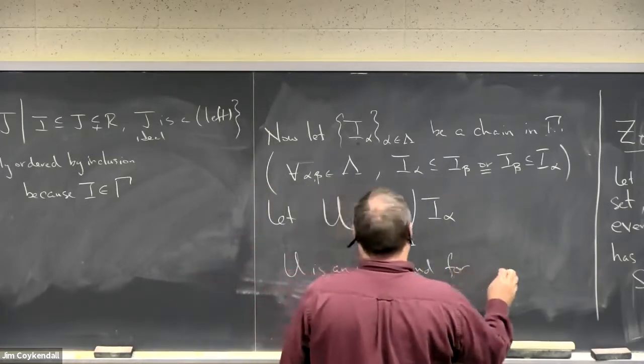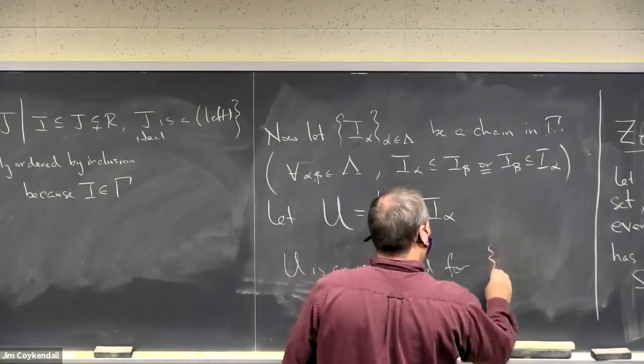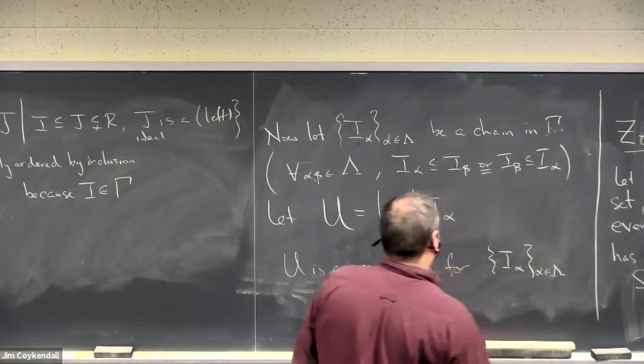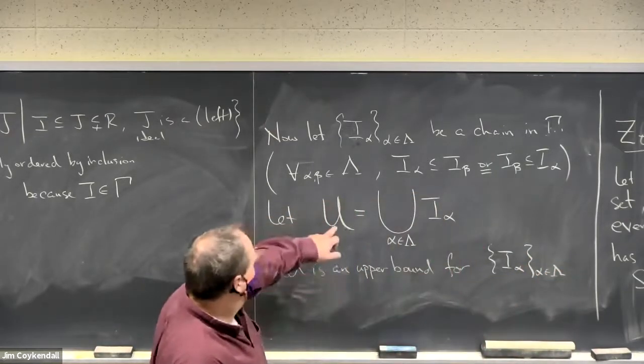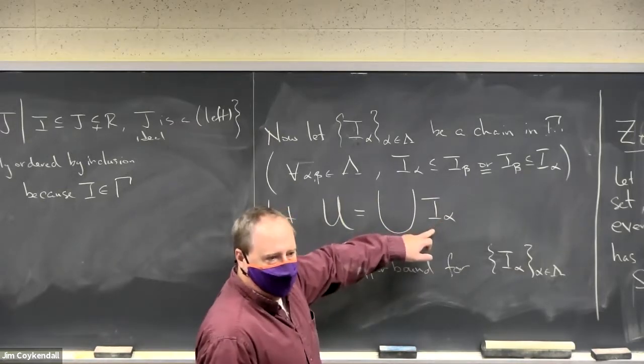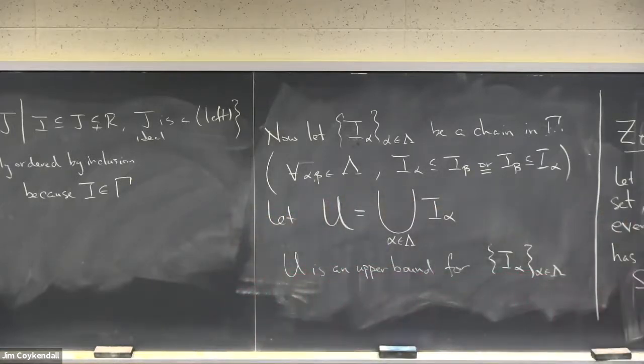The union U is an upper bound for the chain. Because clearly U contains every one of these I alphas, so it's bigger than or equal to, with regard to inclusion, all of them.